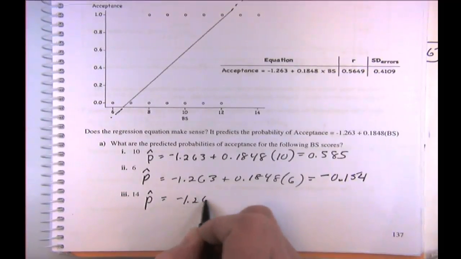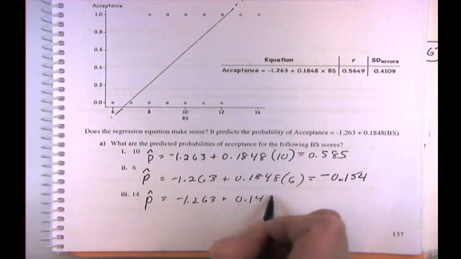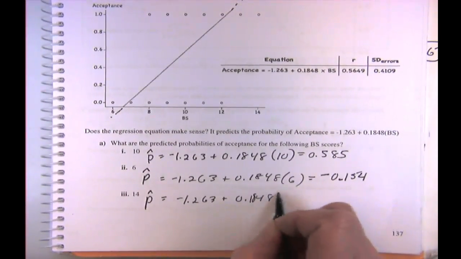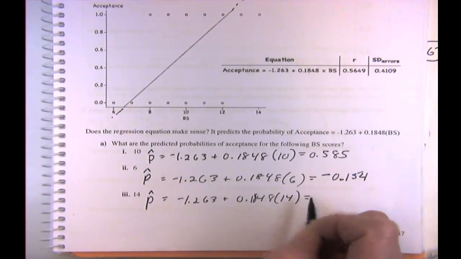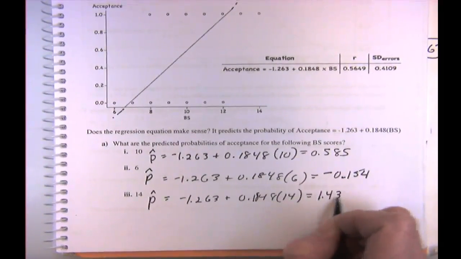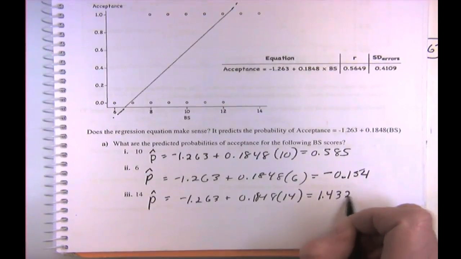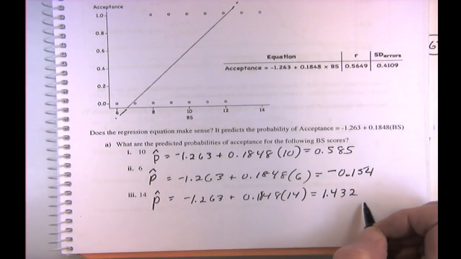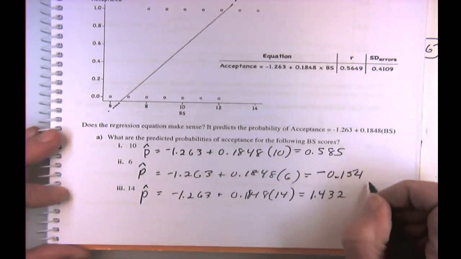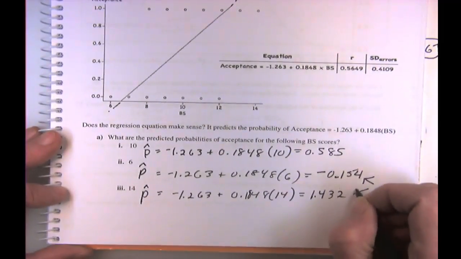And for these people who got a 14, it's over 100%. You do the same thing, stick a 14 in, 0.1848 times 14, and you get 143.2% chance of getting into medical school. So that's crazy. These two don't make sense, and so we're going to have to do something different.